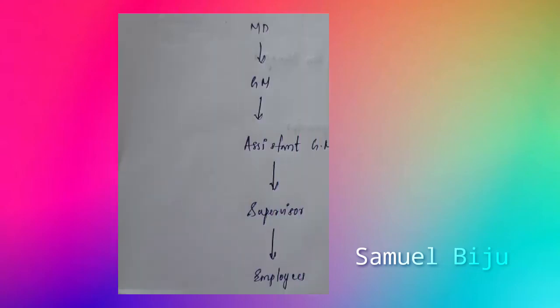Now you guys can see how downward communication flows in an organization from top to bottom. It means managing director to GM, GM to assistant GM, assistant GM to supervisor, and supervisor to employees. So this is how downward communication flows in an organization.